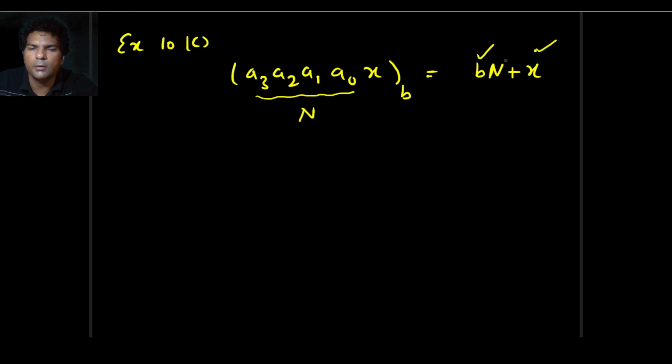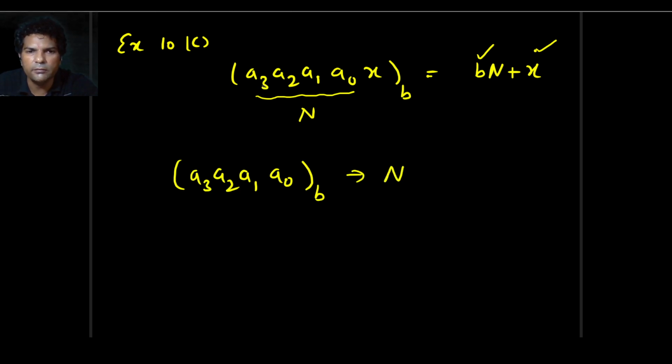The representation given in the starting is A3, A2, A1, A0 in base B. If it is represented by N, then what would be the representation of A3, A2, A1, A0 multiplied by X, in base B? The answer is BN plus X.